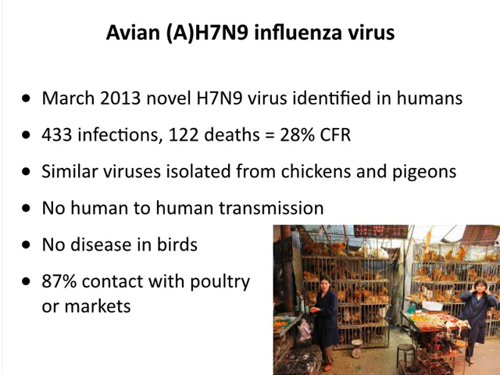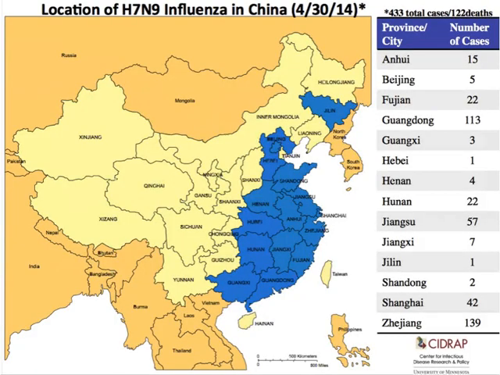87% of the cases have had contact with poultry at the live bird market. So another example of transmission of avian influenza viruses to humans via these markets. These are the cases so far in China. You can see they've been scattered over quite a wide geographic area, but with many cases in specific areas. This is interesting.